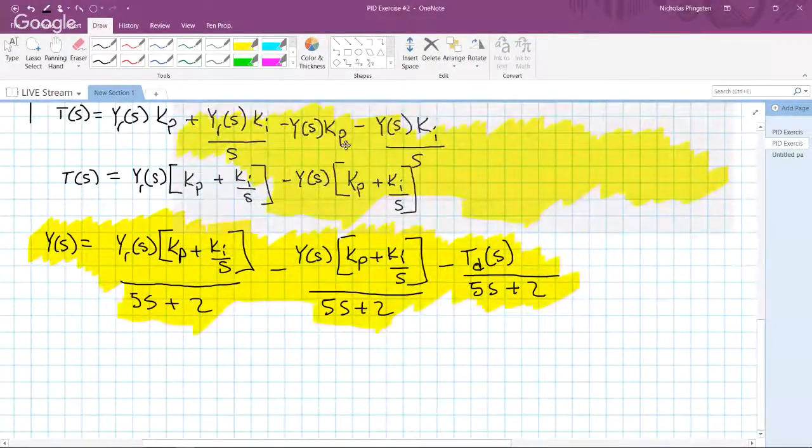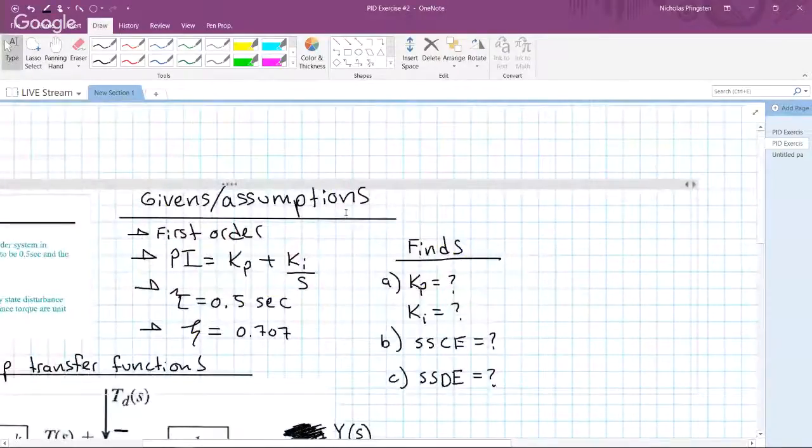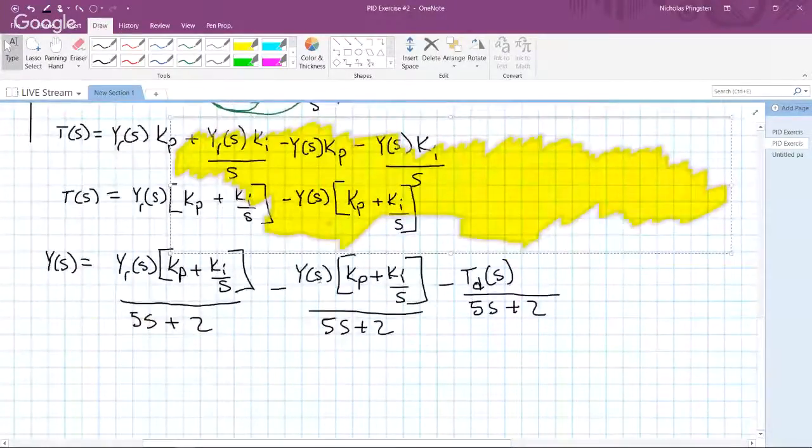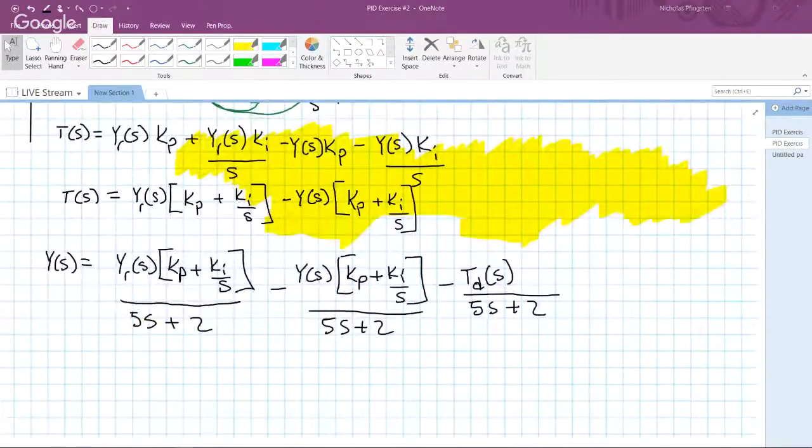So for the first part, and what is the first part? It's asking for Kp and Ki. Okay. So we need to create, in standard form, our transfer function for the command control error.